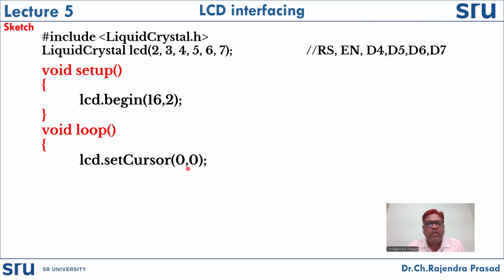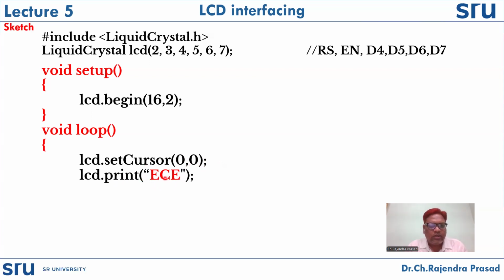Based on our requirement, you can change these numbers, and then we need to print our data. To send our data onto the LCD, we need to write lcd.print. Here actually ECE is available. We can replace this ECE with our RP EduTech.